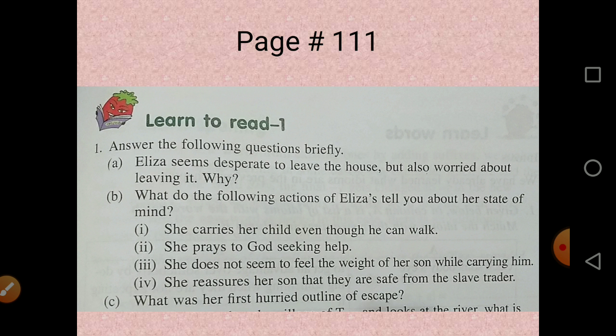Desperate because she wanted to save her son from being enslaved. Yes, she was desperate because she wanted to save her son from becoming a slave. But she was worried because she was leaving her house and she is going towards unknown places.